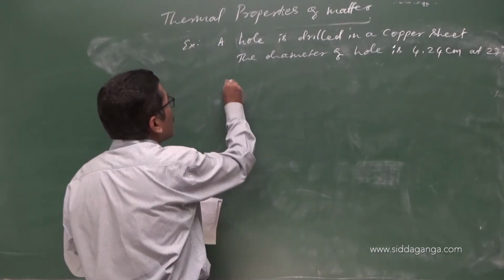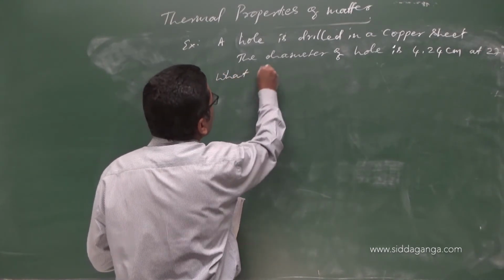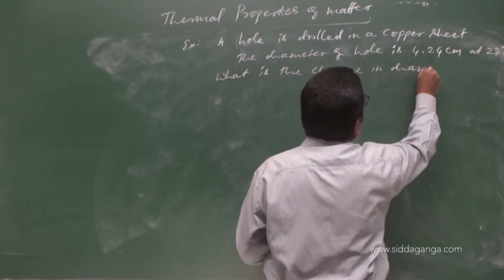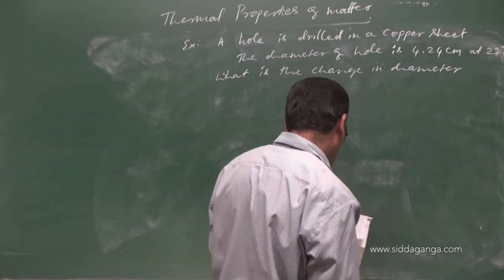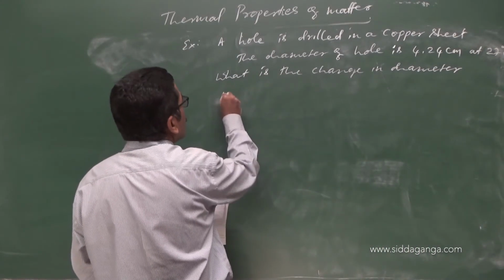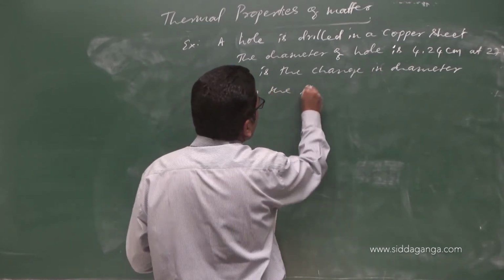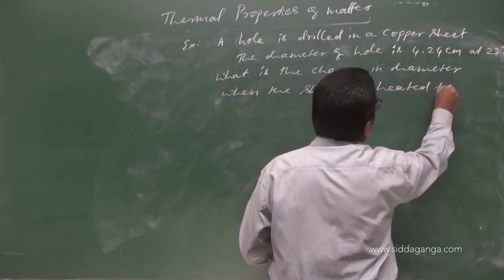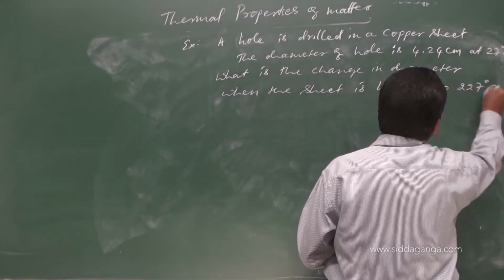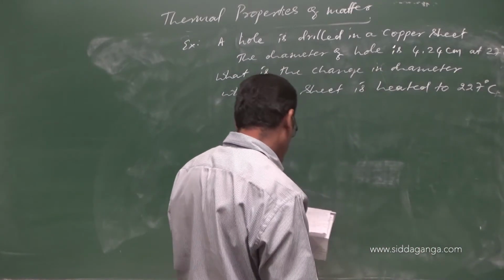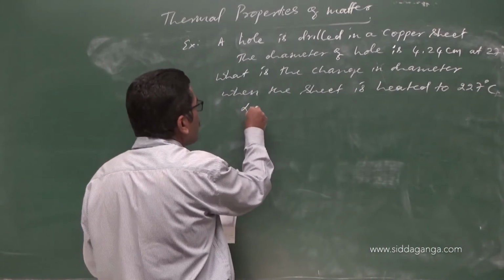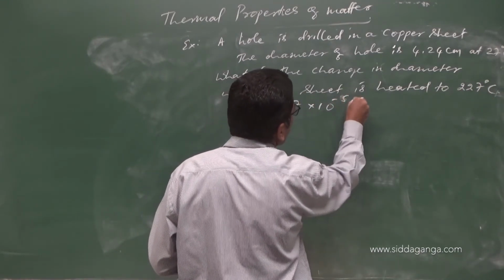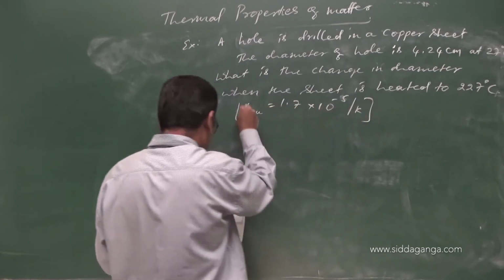What is the change in diameter when the sheet is heated to 227 degrees Celsius? Here alpha of copper is given as 1.7 into 10 raised to minus 5 per Kelvin.